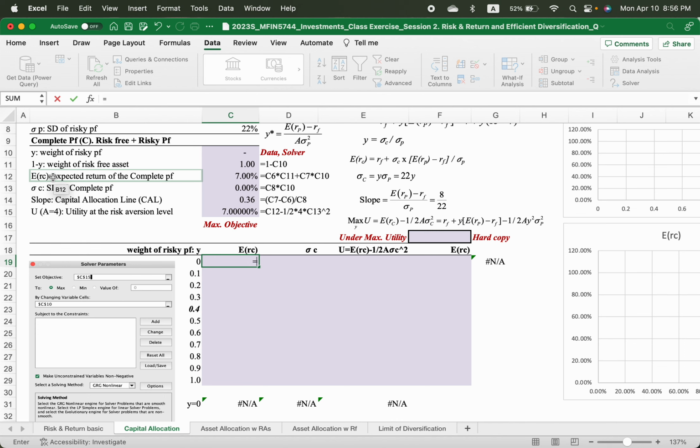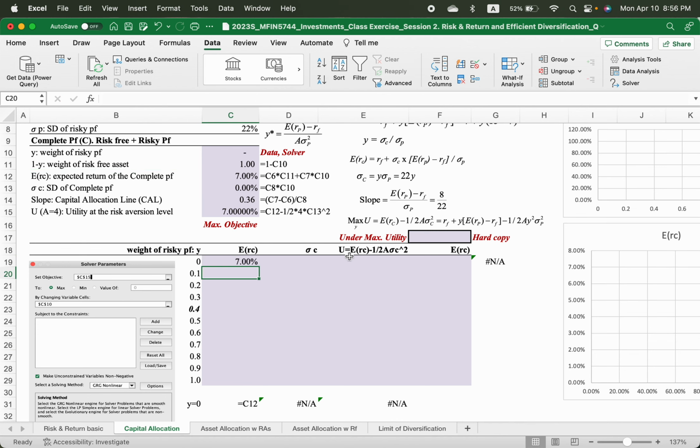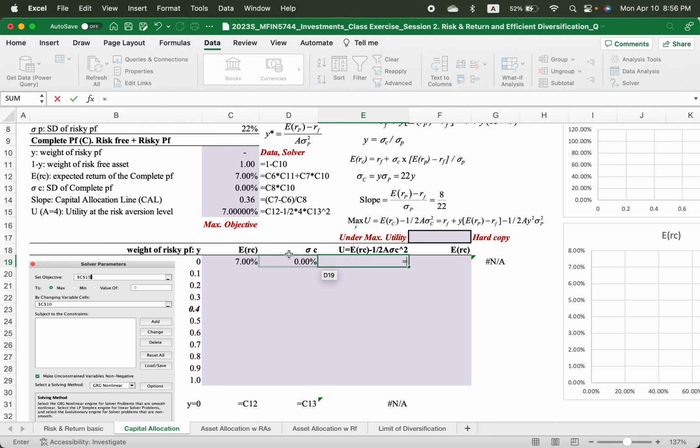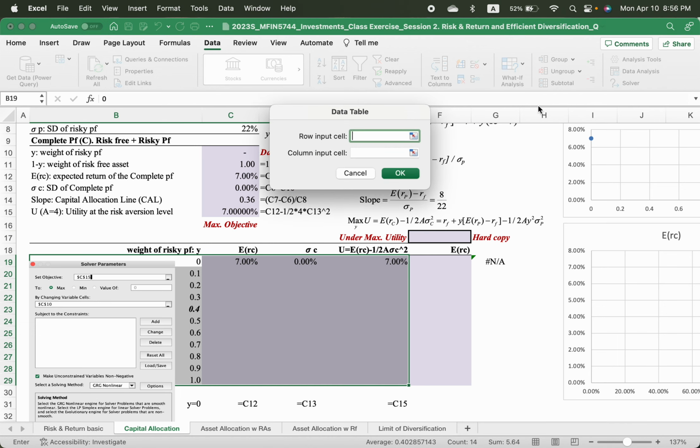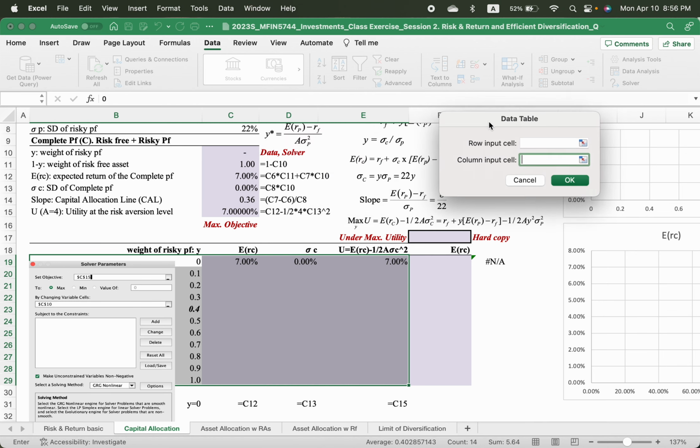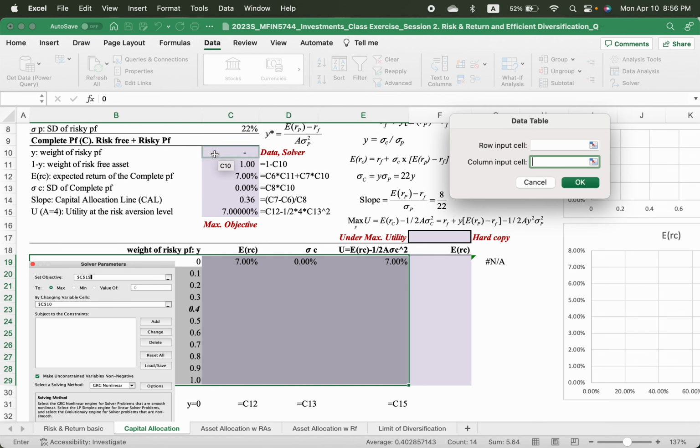So, expected return of complete portfolio. And here, the 0% complete portfolio and utility score. Okay, so let's go to the data table again, and then column input cell. What is column input cell? Right, this is the weight of the risky portfolio. Okay.